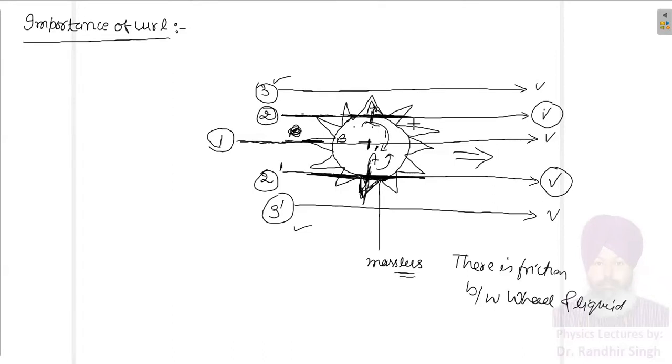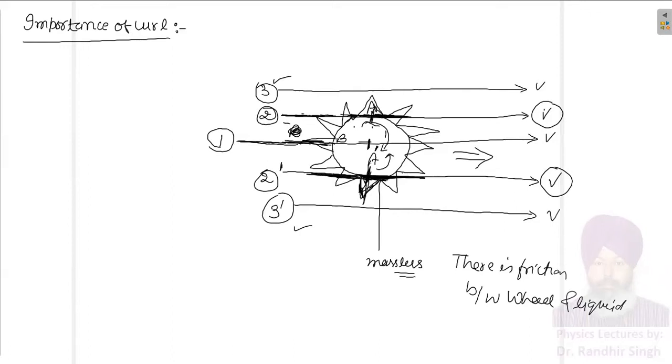Although individually both streamlines have a tendency to rotate the wheel, overall there will be no rotation in the wheel. Similarly, the streamline at B cannot rotate it at all. Now let us see another streamline.